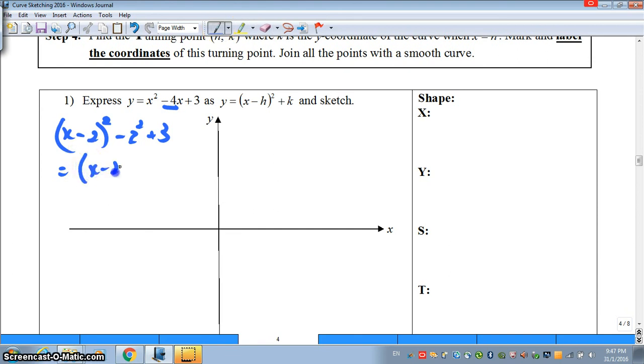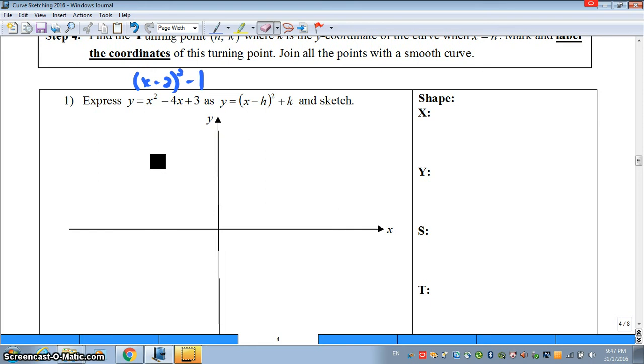So if we were to simplify it, this is what we have for completing the square. So let me write that down. So that is our answer before we do our curve sketching.